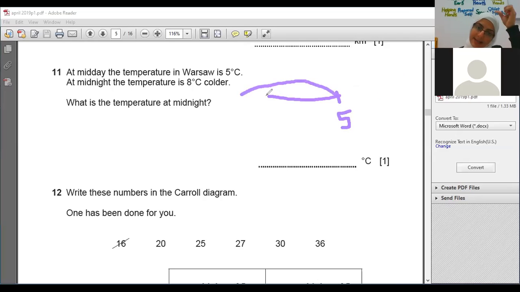So if you go backwards 8 steps, the answer should be -3. It's 4, 3, 2, 1, 0, -1, -2, and -3. So when you go backwards in a number line, this will be the answer.